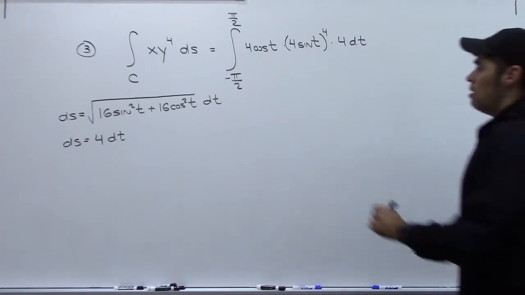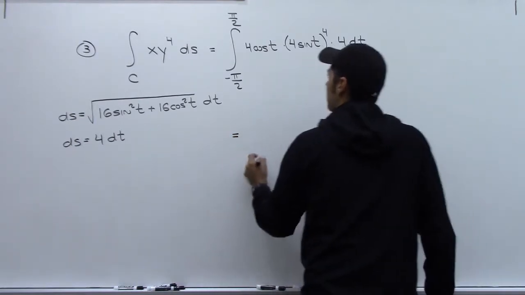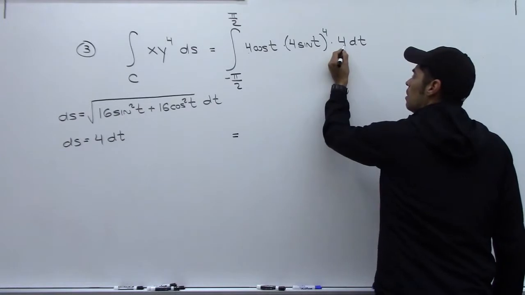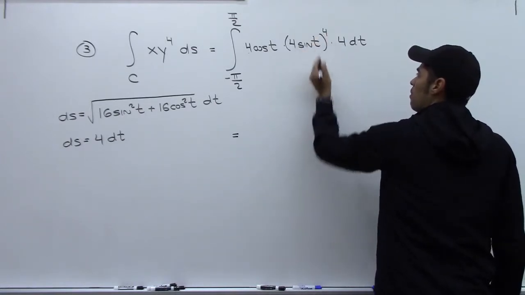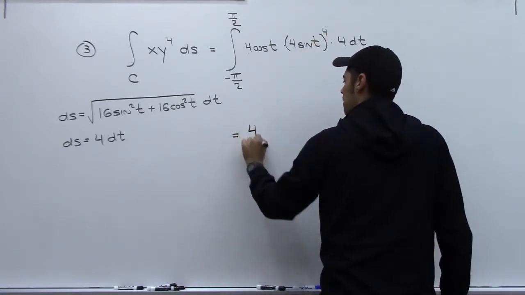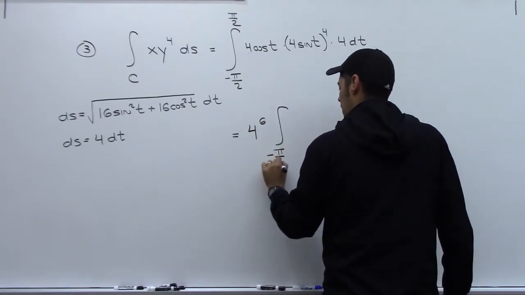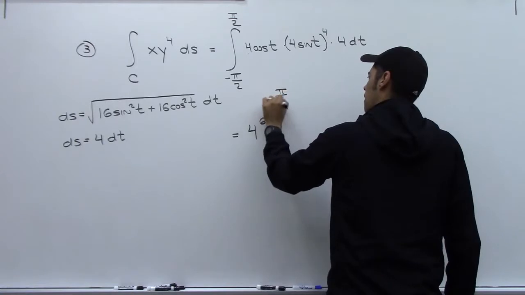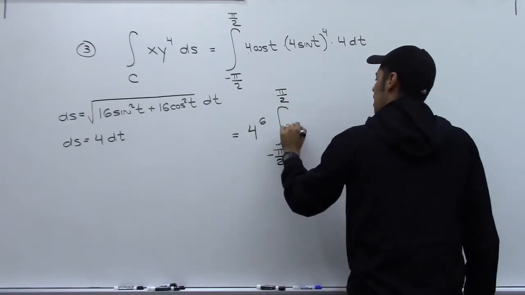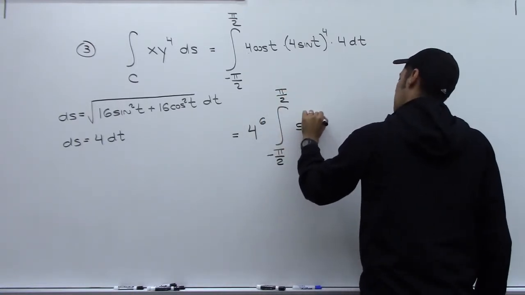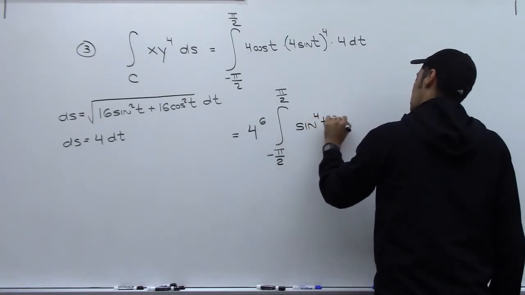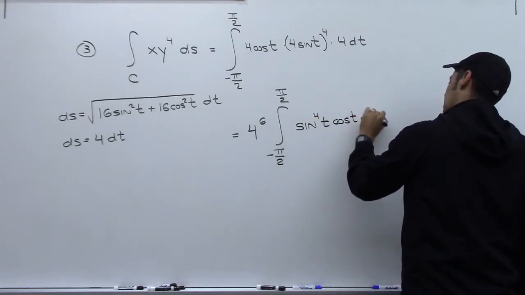All right, so see how many 4s do I have? 4, 4, it's 4 squared, and then I have 4 to the 4th. That's 4 to the 6th. I'm going to factor that out as a constant. And then I'm going to write it this way: sine to the 4th t cosine t dt.